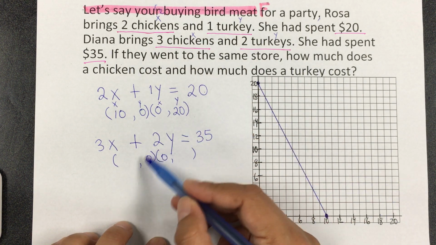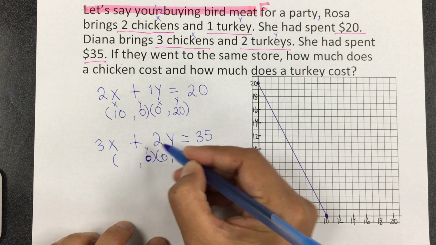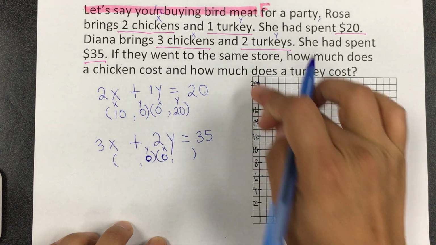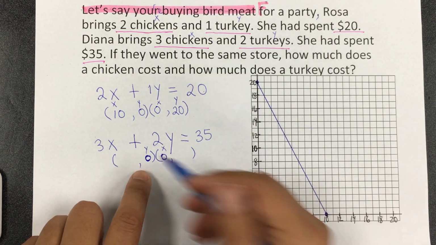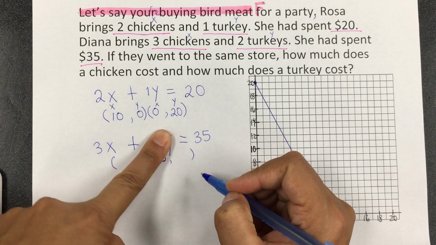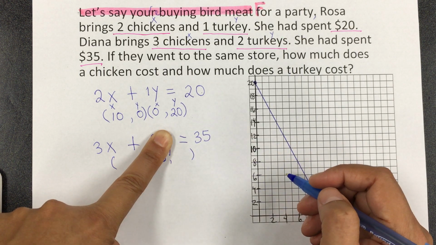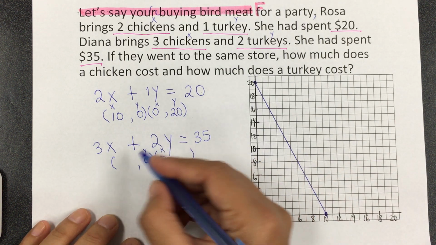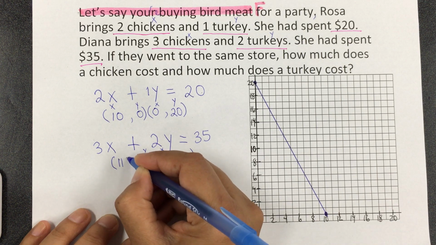So that's why I'm using the intercepts, where you have 0 for Y and 0 for X. And that gives me the intercepts, the points that lie on the axis. And so if Y is 0, the whole term disappears, and so 35 divided by 3 gives me, I already did this, 11 and 2/3.